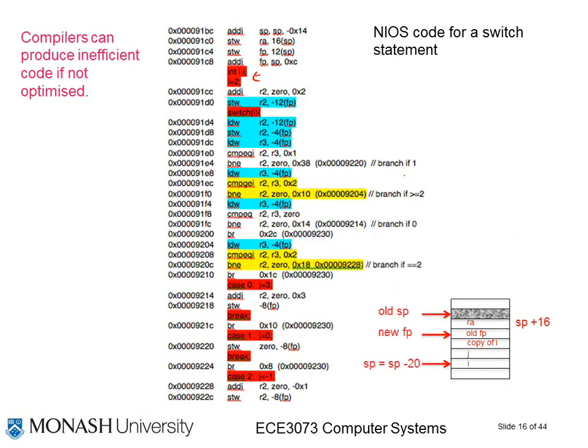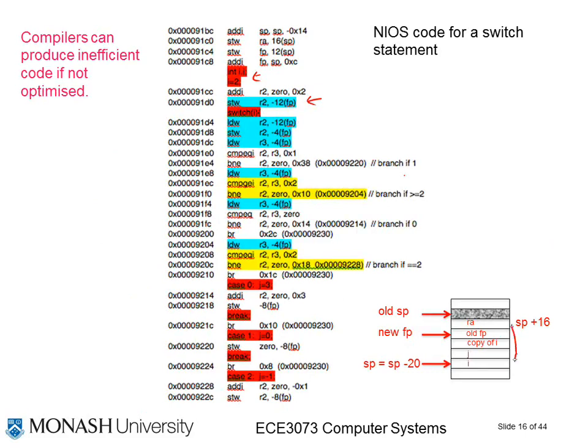So what's a bit odd? Let's look at this code here. I store R2 into frame pointer minus 12, where R2 has the value of I.